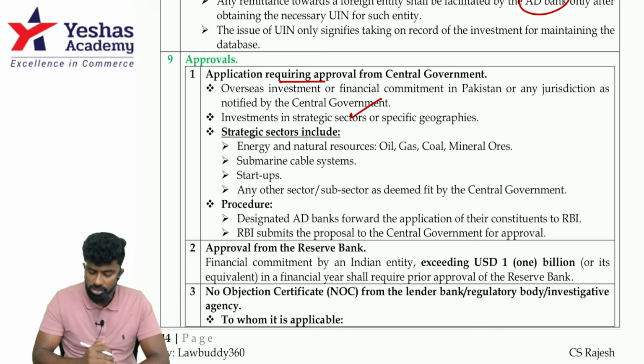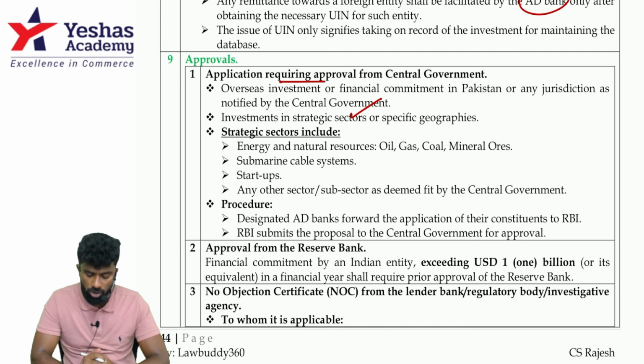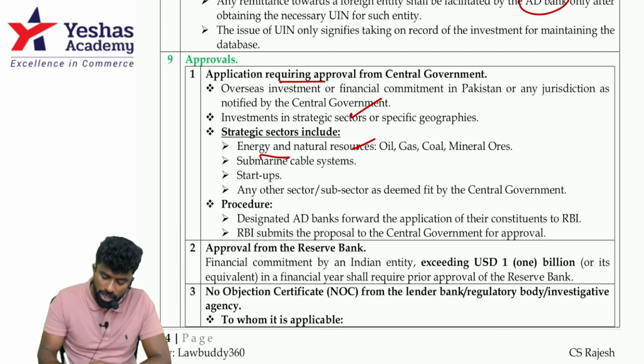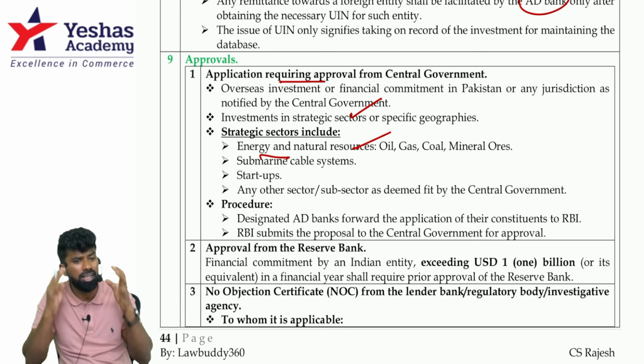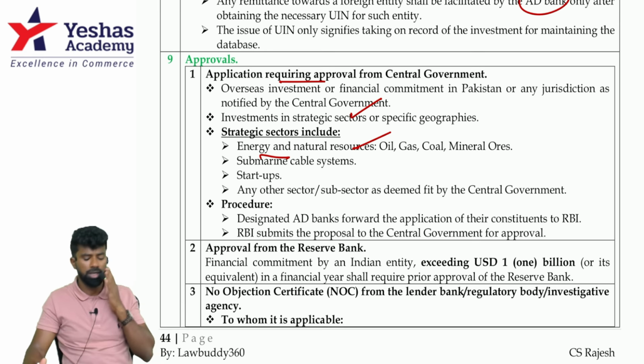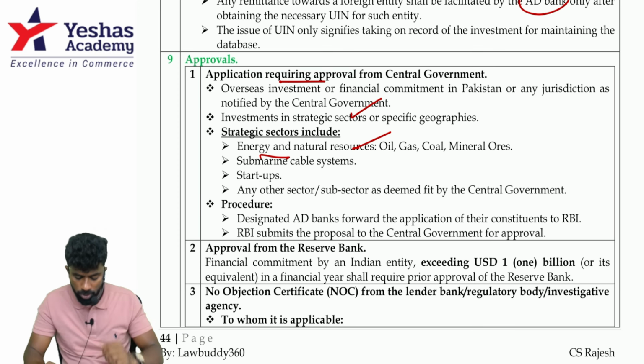Investment in what sector? Strategic sector or specific geographies. It also requires whose approval? Central government approval. Sectors include energy and natural resources, submarine cable system, startups, any other sectors. These things require whose approval? Central government approval.